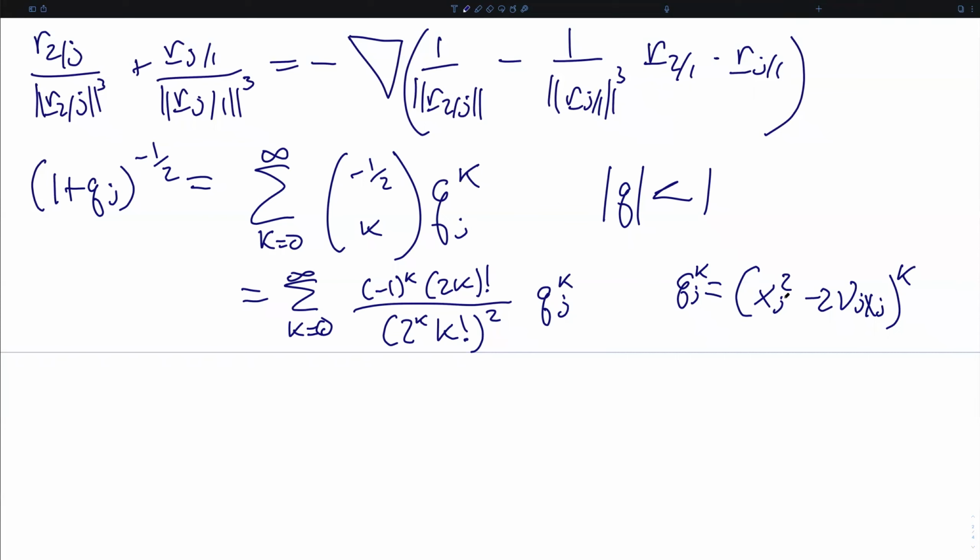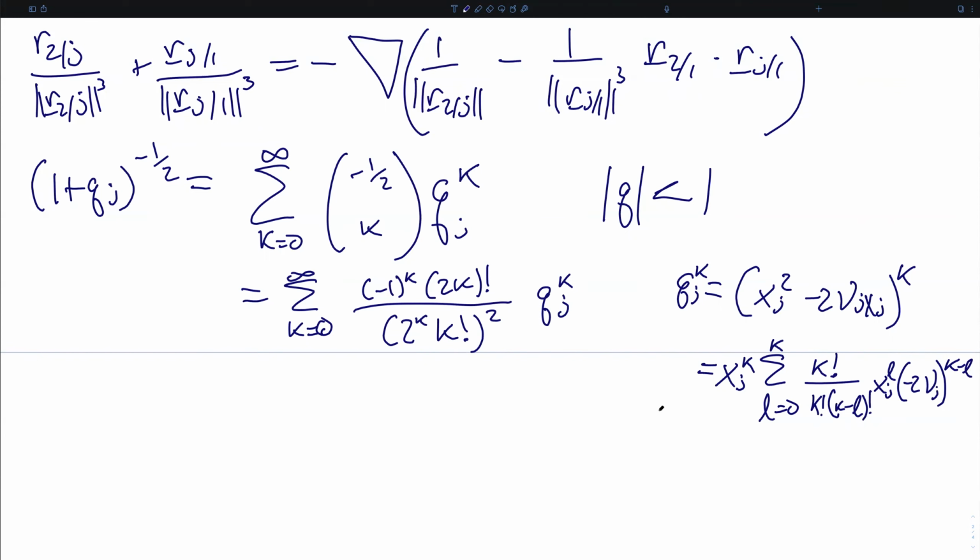Factoring out an x_j to the kth power term from this, we can also expand this in series to get a kth order polynomial of the form: q_j to the kth power is x_j to the kth power times the sum from a new dummy index l, 0 to k, of k factorial over l factorial times (k minus l) factorial, times x_j to the l times (negative 2 nu_j) to the k minus l power.